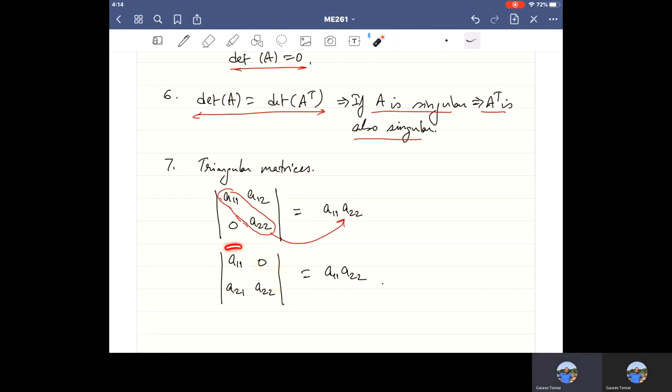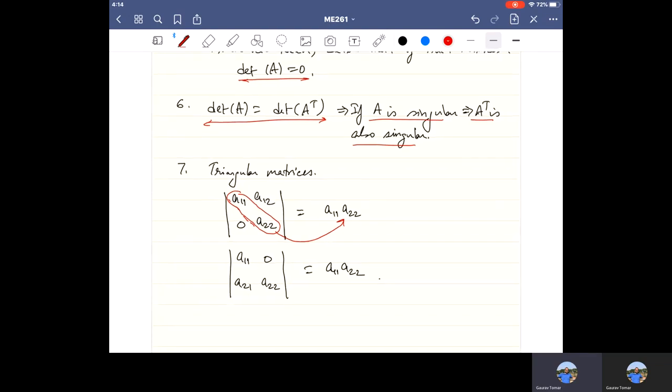In these cases, the determinant is given by the product of the diagonal entries. The trace also remains invariant, A11 plus A22. Anyway, that doesn't change, but the product is given by this.